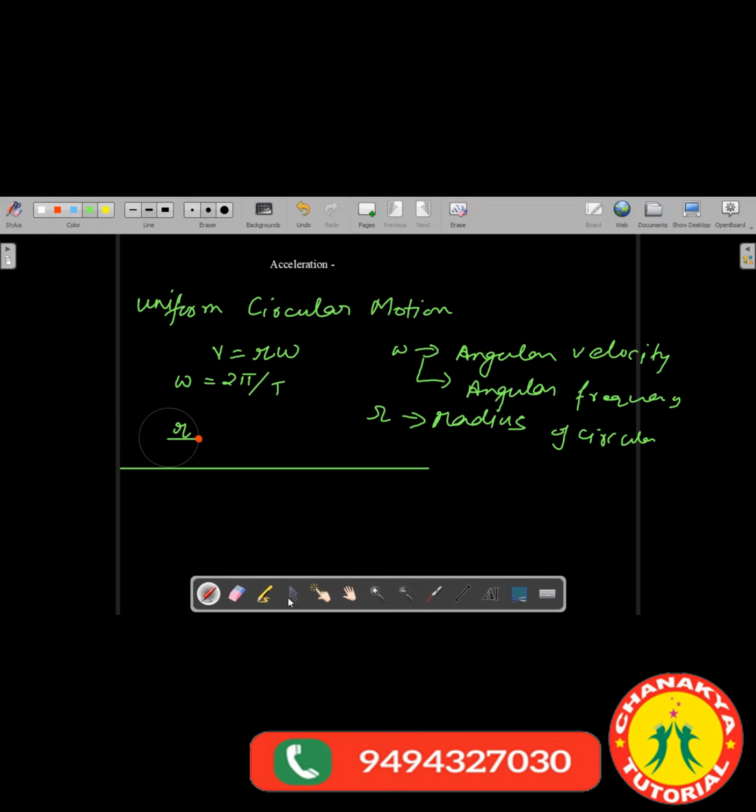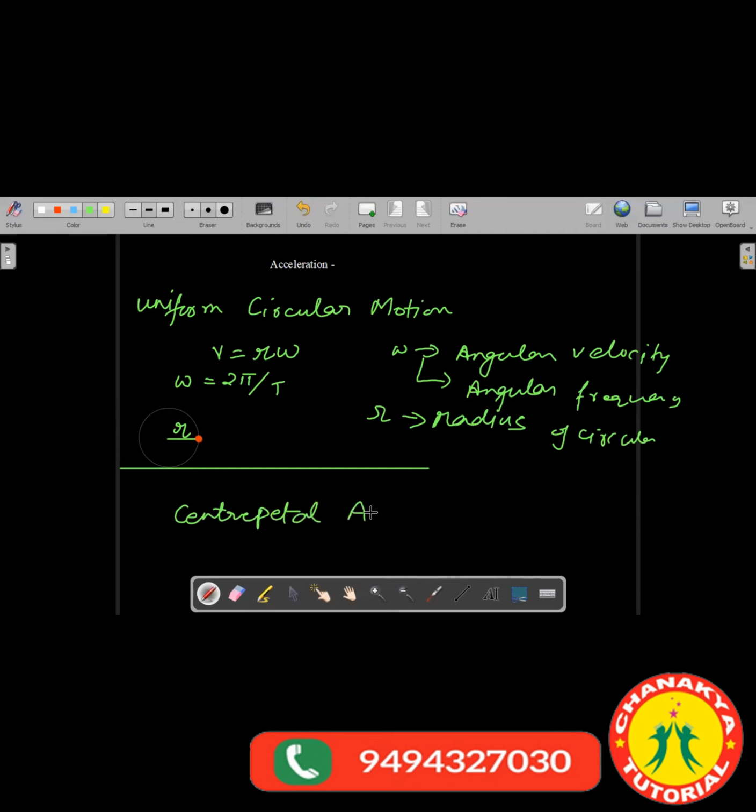Now here we have another concept. If this object is accelerating, there are two types of accelerations that are possible. You have centripetal acceleration.